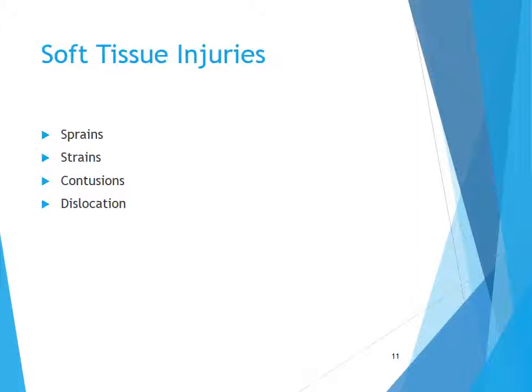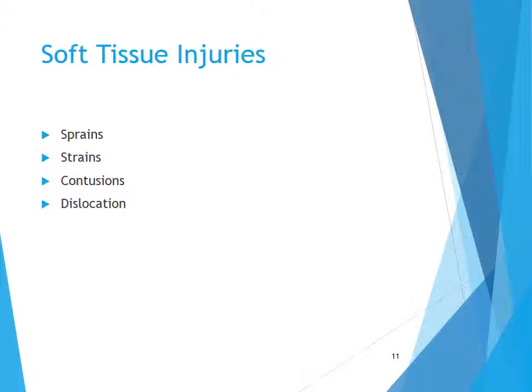Contusions occur when soft tissue, muscle, or subcutaneous tissues are damaged. Dislocation occurs when a joint is disrupted so that the articulating surfaces are no longer in contact.